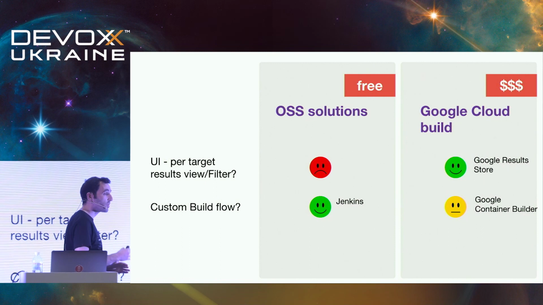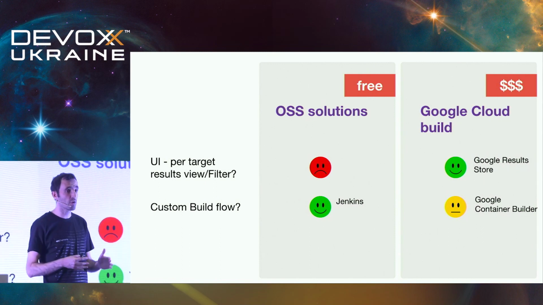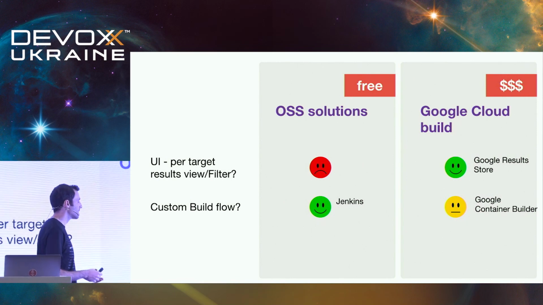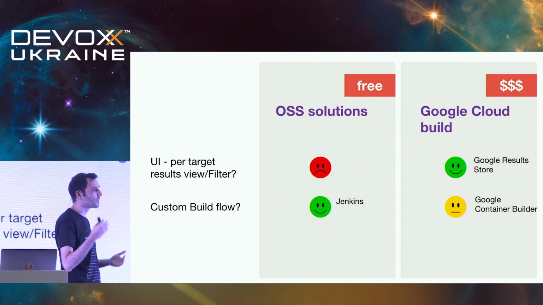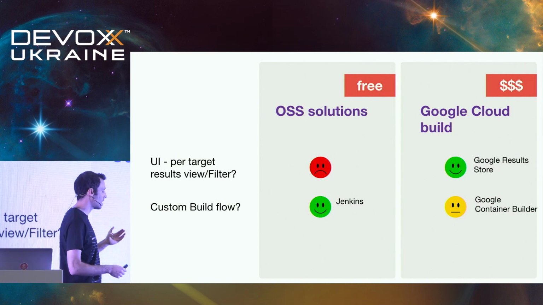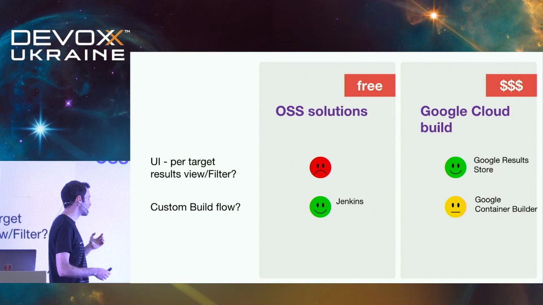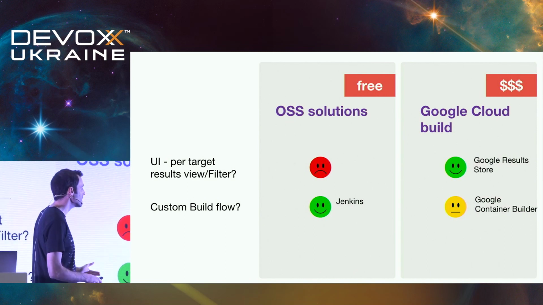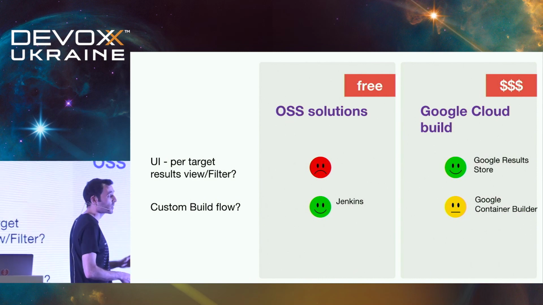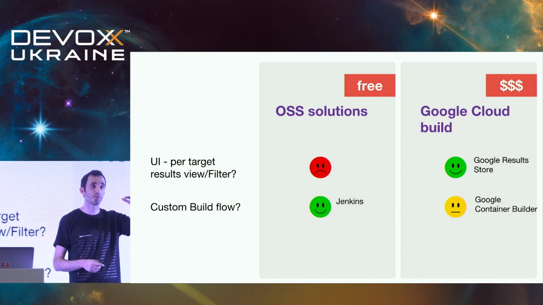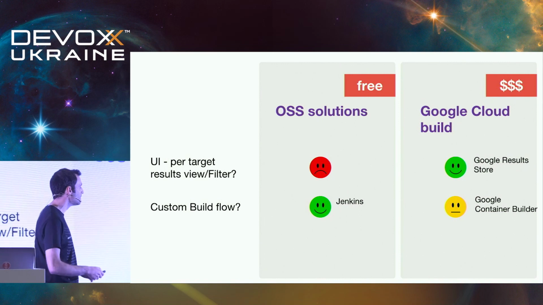How about custom build flows? So, of course, Jenkins, for instance, which is open source, has a lot of customization possibilities, and you can write Groovy scripts and really highly customize it. So for Google, there's the Google Container Builder, where each build step is run on a different Docker container.